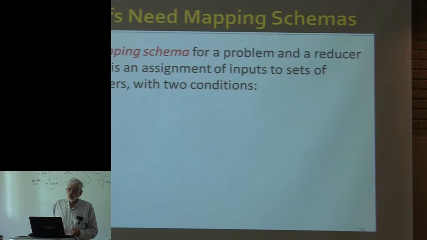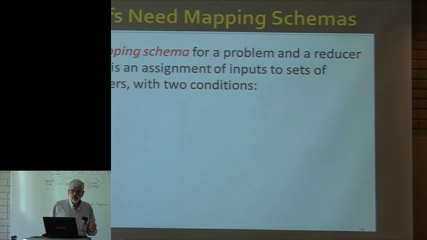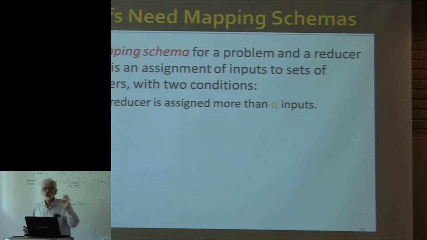Okay, so again, a mapping schema is a solution to a problem using a particular reducer size Q. First of all, what is a mapping schema? It assigns inputs to reducers.